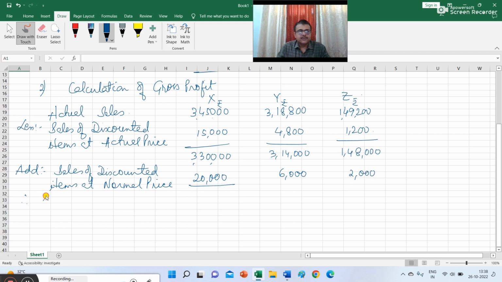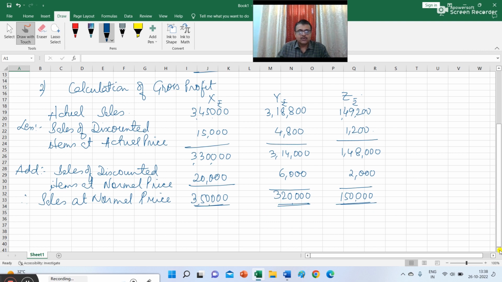So therefore sales of the three departments at normal price is 3,50,000, 3,20,000 and 1,50,000. Alternatively, the same calculation can be done.